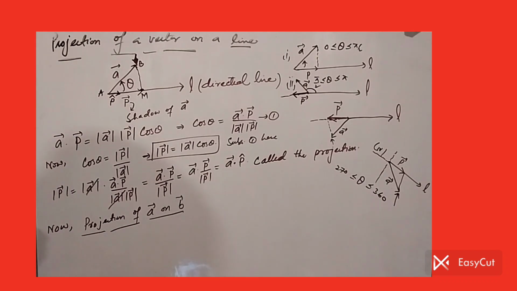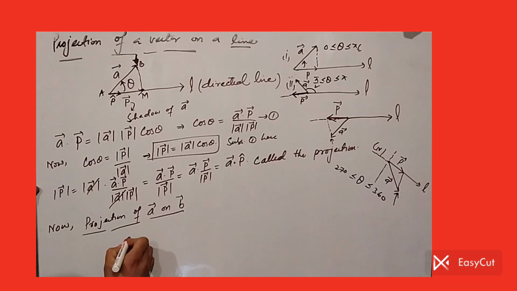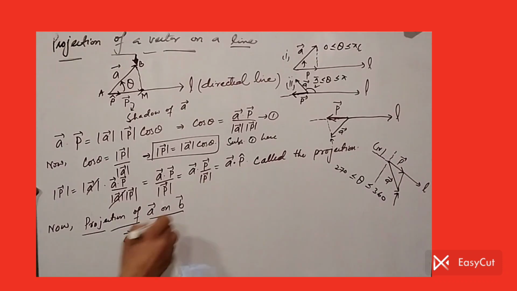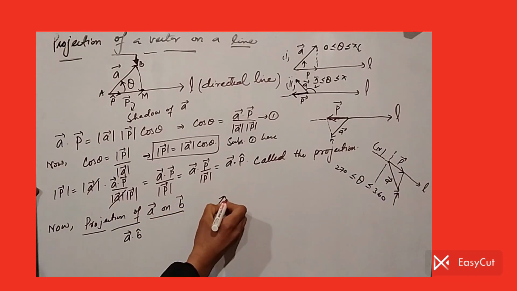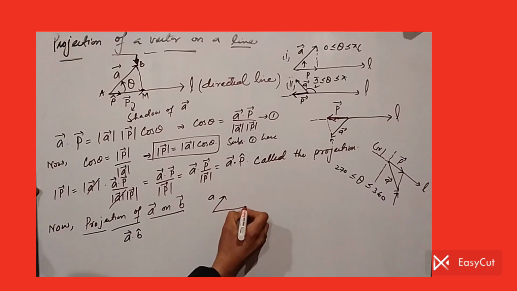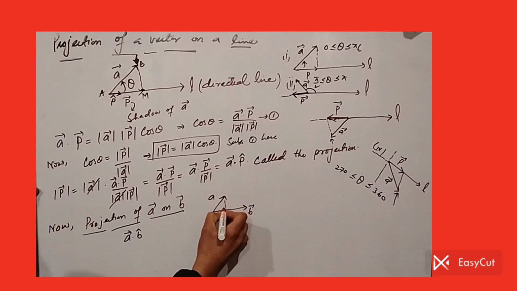Now how are we going to define the projection of a vector A onto vector B? The projection of vector A on vector B we can define like this: vector A dot unit vector B. What is this unit vector? If this is your vector A and here is vector B, its projection could be up to this only.